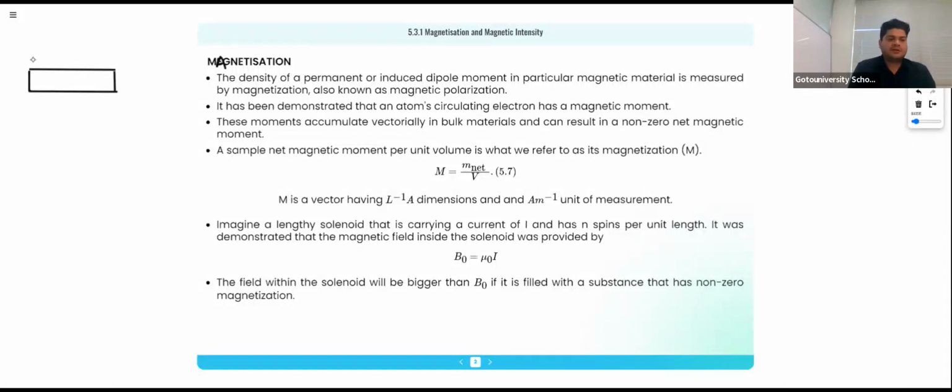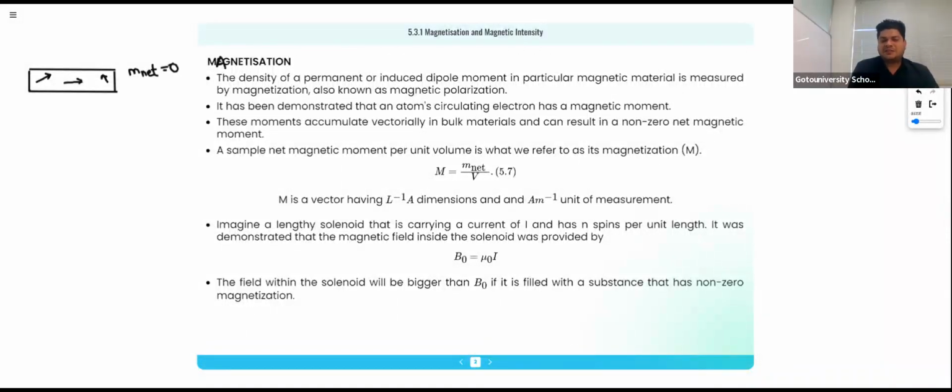Inside the non-magnetic material, the net magnetic moment will be zero. Why? Because here charges will be in random motion.